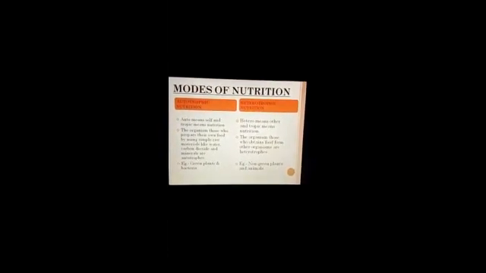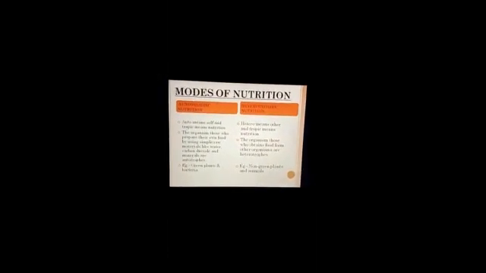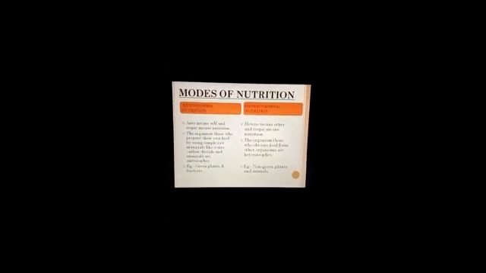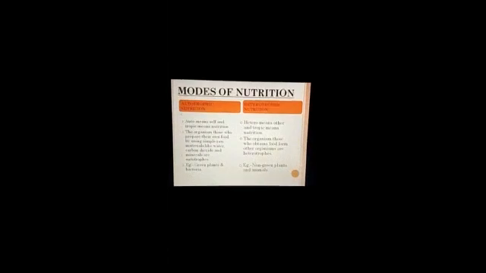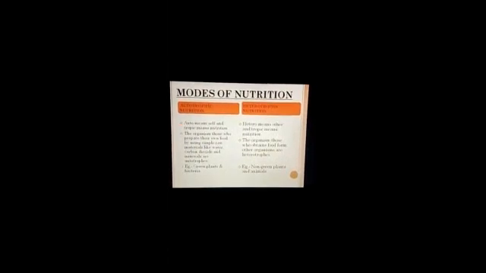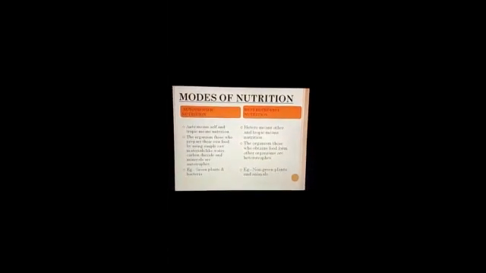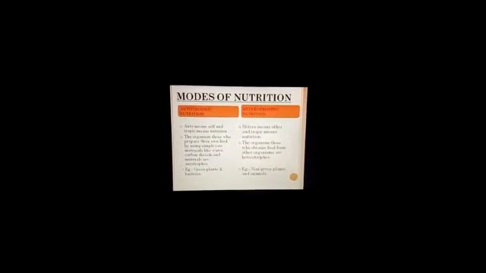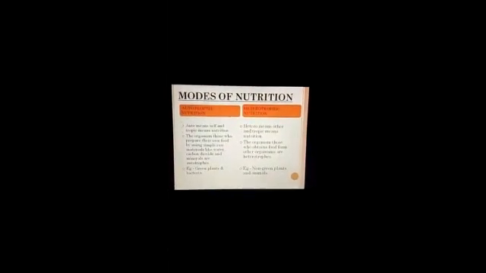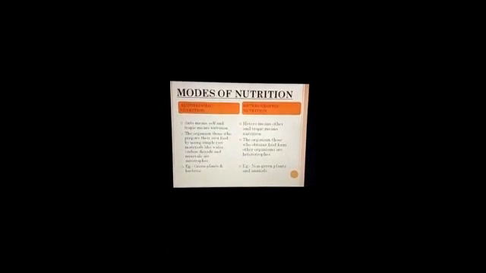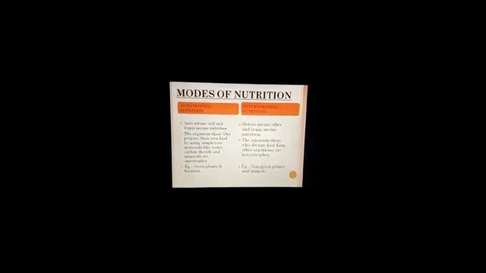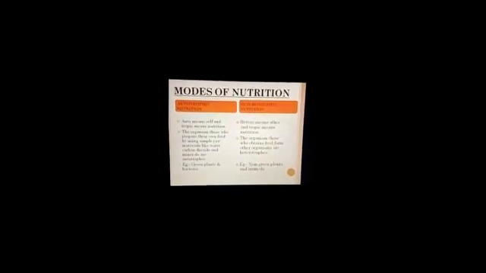For example, green plants and bacteria. Heterotrophic nutrition. Hetero means other and trophic means nutrition. The organisms that obtain food from other organisms are heterotrophs. For example, non-green plants and animals.